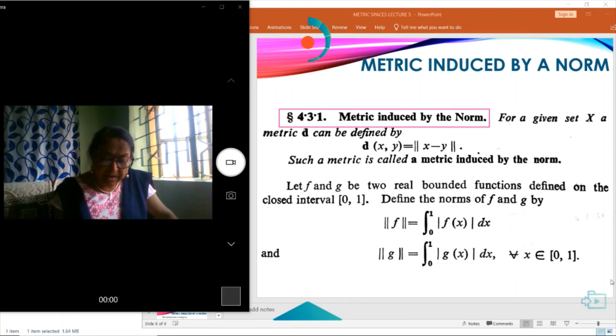Thus, d(f, g) can be written as norm of f minus g, which is the integral over 0 to 1 of the modulus of f(x) minus g(x) dx, which after further calculation gives us d(g, f). So also d(f, h) is less than or equal to d(f, g) plus d(g, h).